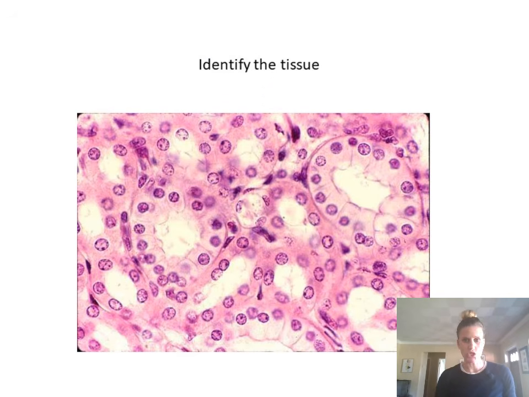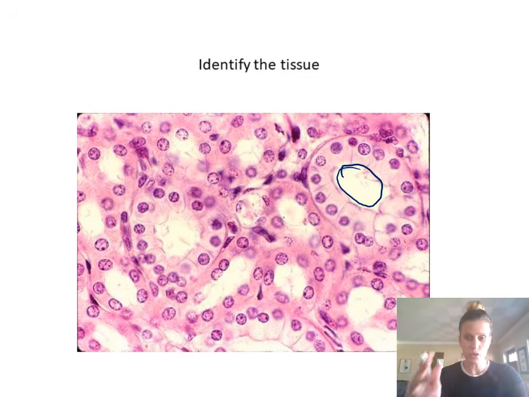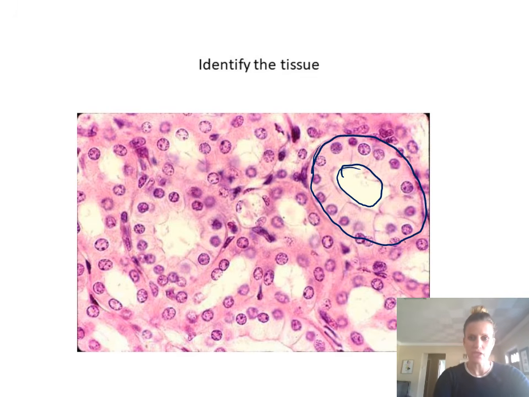Identify this tissue. It might look kind of busy to you, but if you look, there are these open areas right here. This is an open area, a lumen, and it's surrounded by this layer of tissue. So we want to know, what is this tissue?